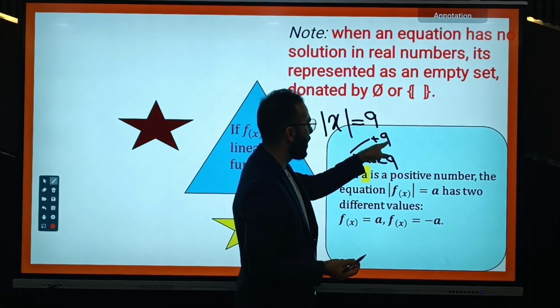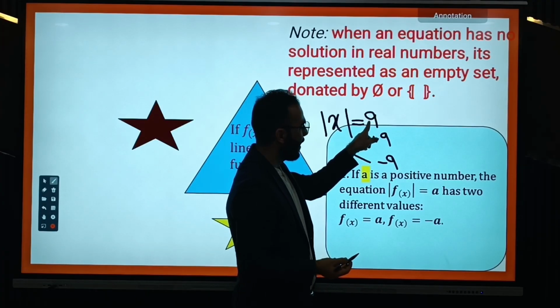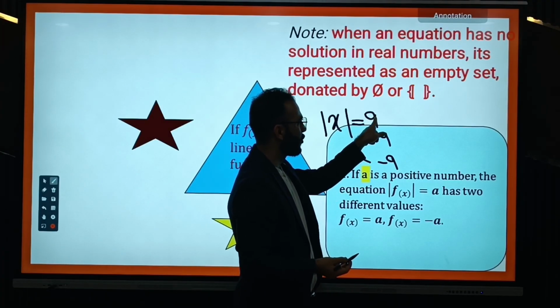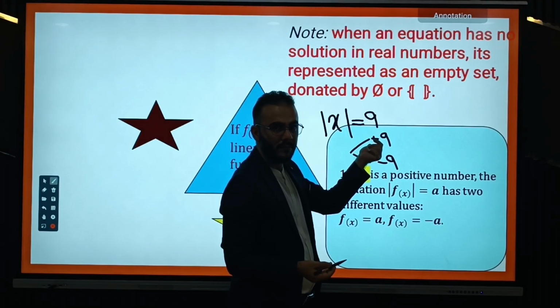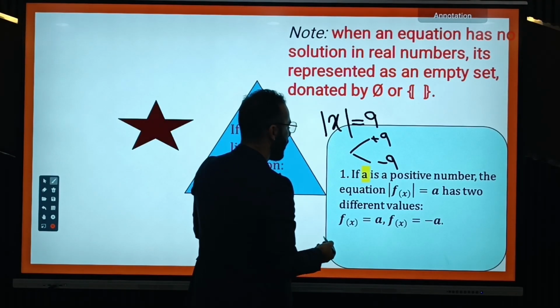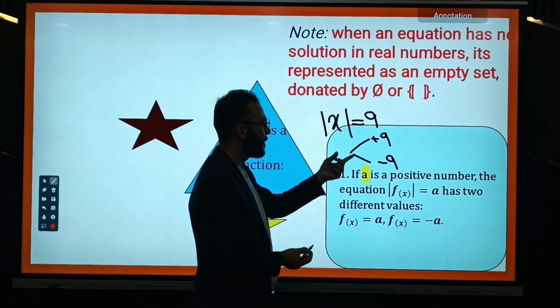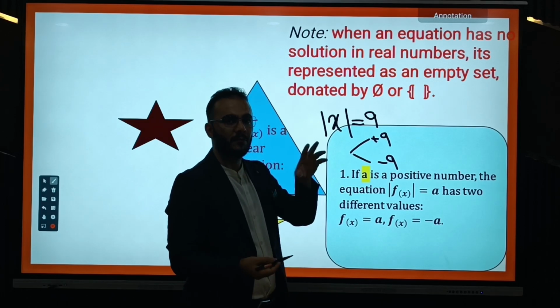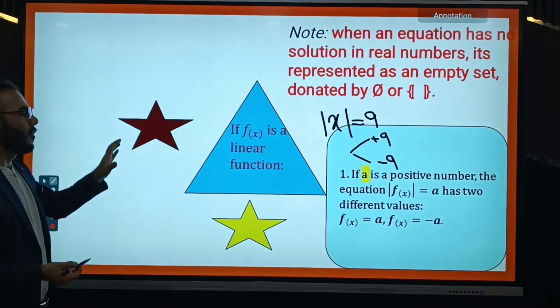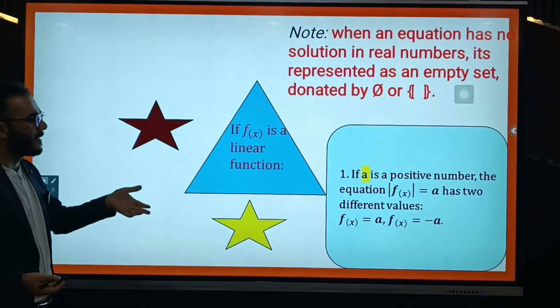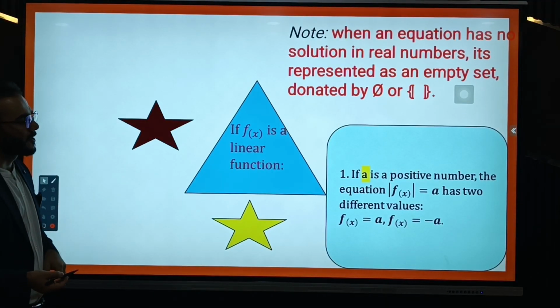Because the absolute value of positive 9 equals 9, and the absolute value of negative 9 equals 9. So these are the possibilities that x can become. Therefore, the solution set is positive 9 and negative 9 both.